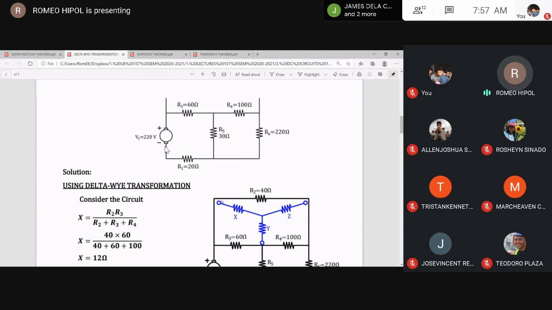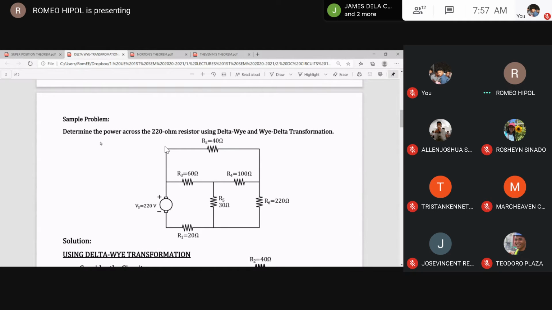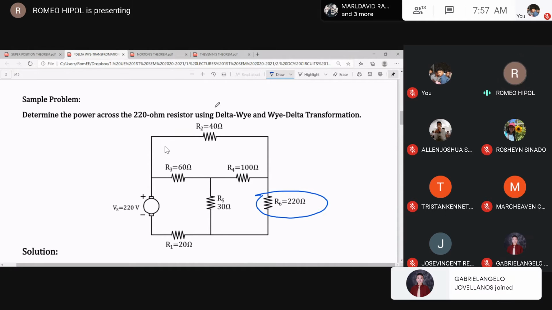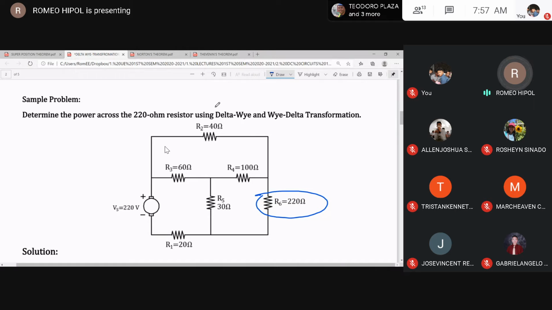So in this case, we are going to find the power of the 220 ohm load. Using delta to Y transformation, when you see it, we are going to locate delta connected resistors and convert them into Y. Why do we need to convert?